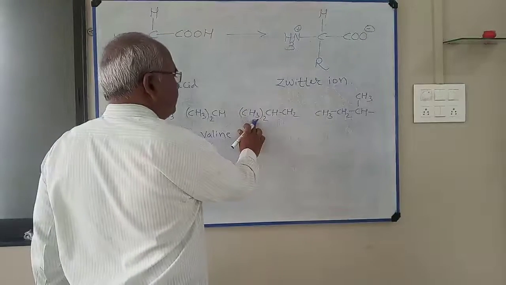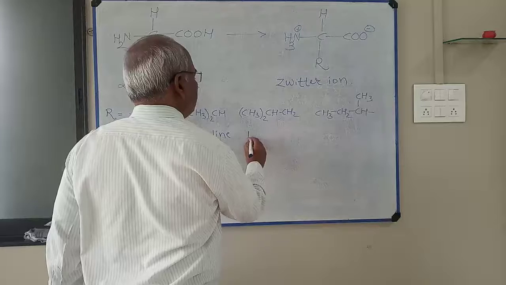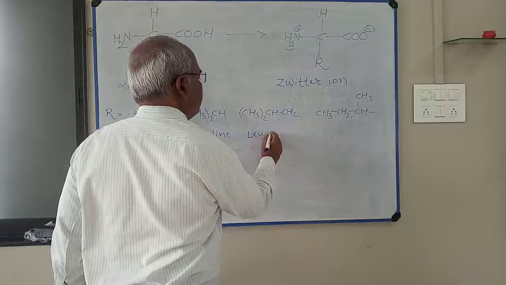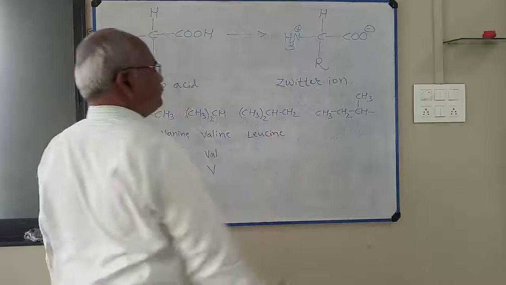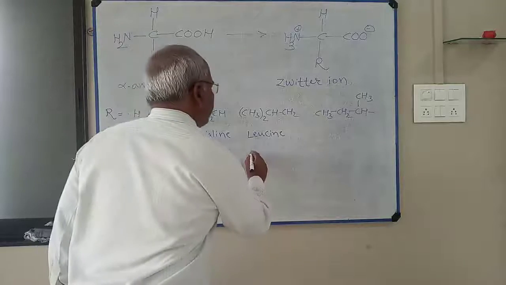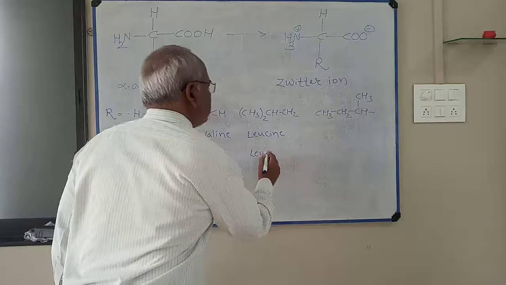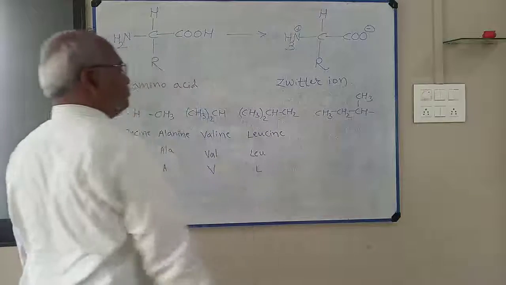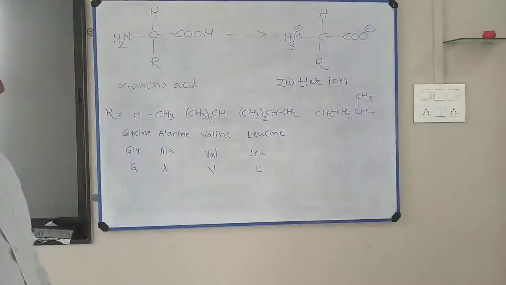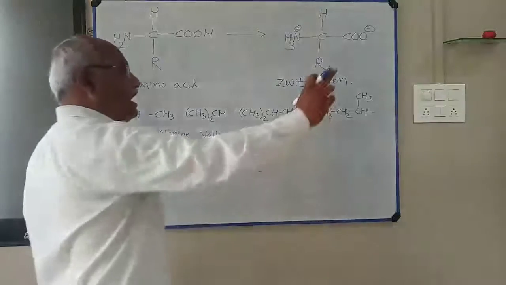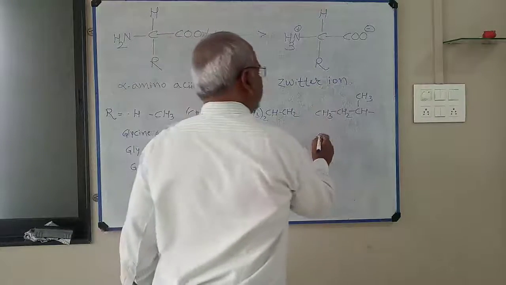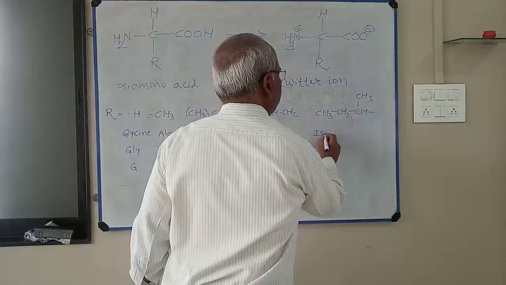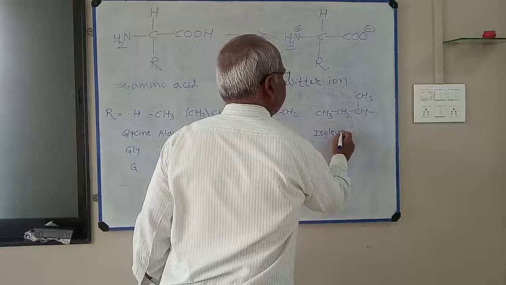When R is equal to isobutyl group, this is called leucine. It is denoted by first 3 letters LEU. Capital L is used to denote leucine. When this group is present, it is called isoleucine.